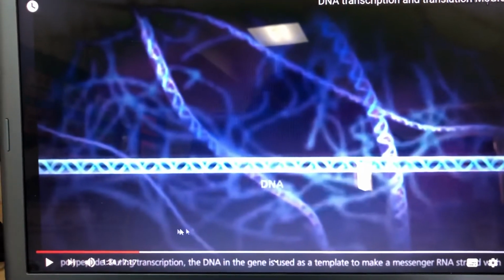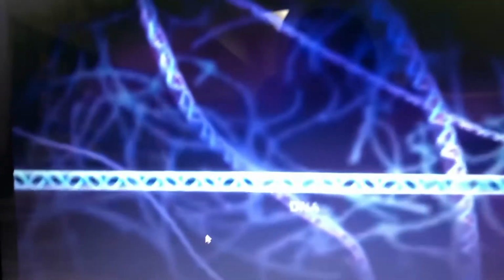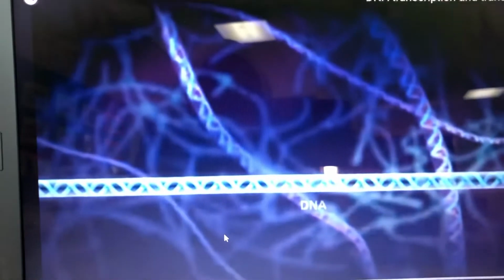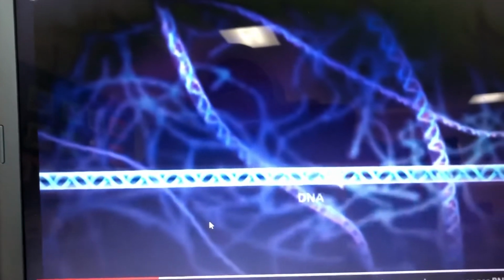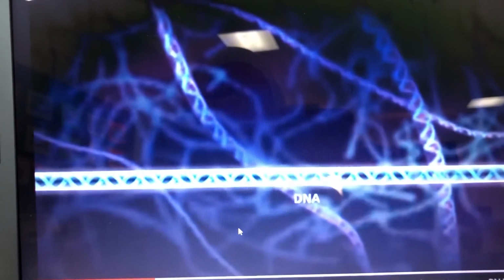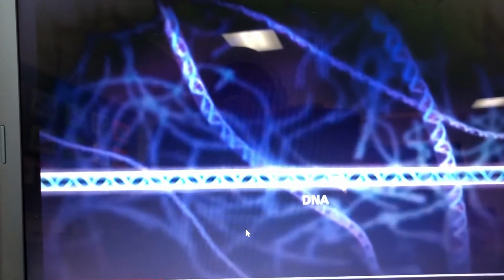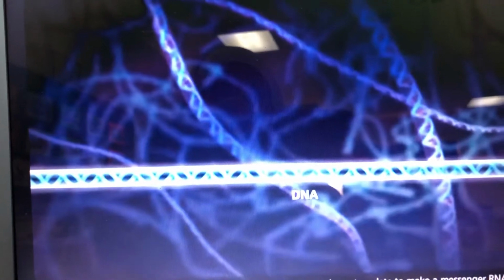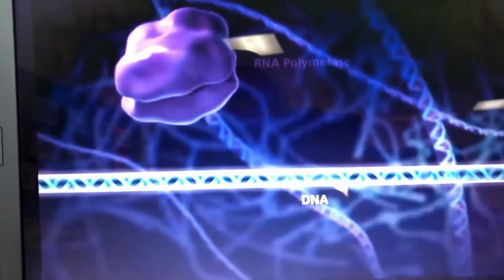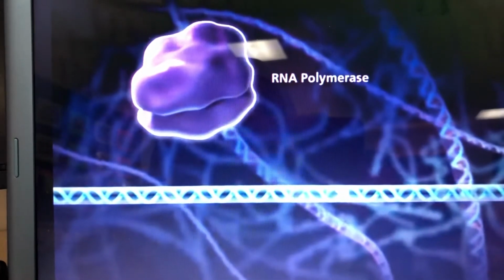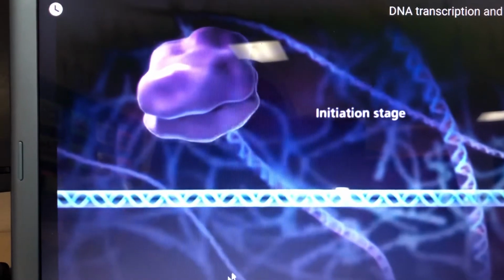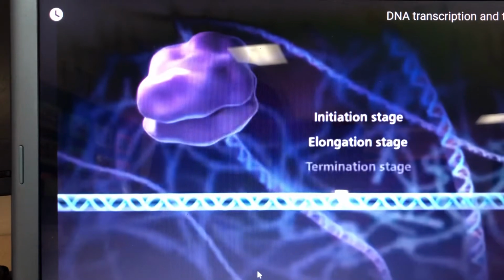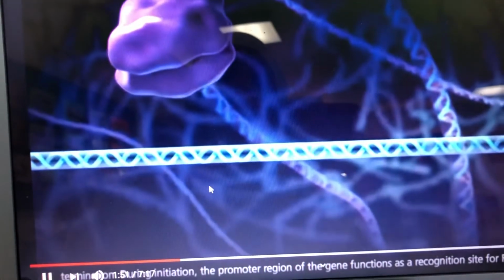For this process to happen, first the DNA should be transcribed to an mRNA molecule, as you see here. The DNA in the gene is used as a template to make a messenger RNA strand with the help of the enzyme RNA polymerase. This process occurs in 3 stages: initiation, elongation, and termination.